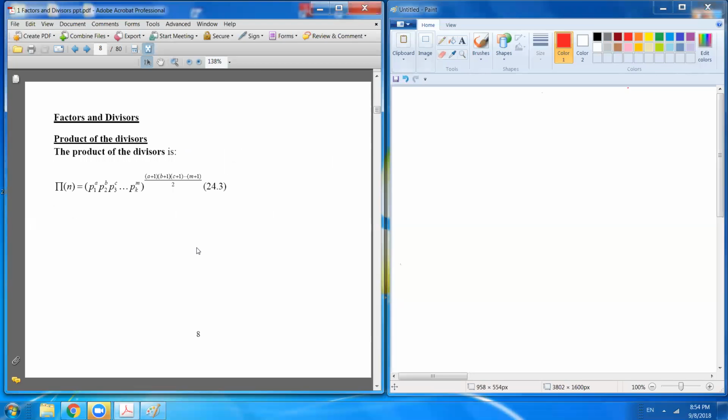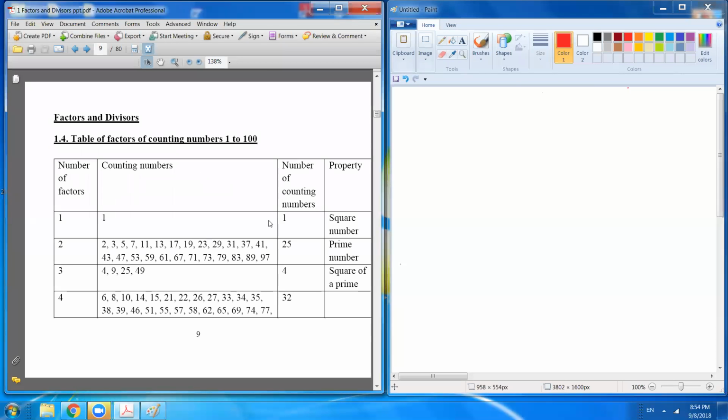Now, I want to introduce some table. Good for you to know. Table of factor counting for numbers from 1 to 100. Take a look at this one. What is that? Anybody can tell what are the numbers?